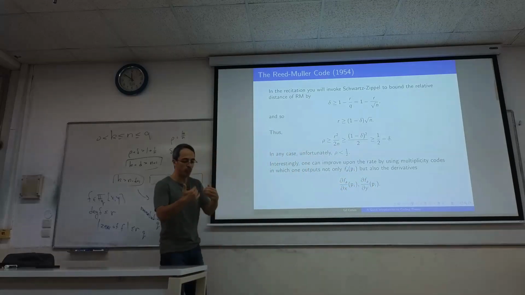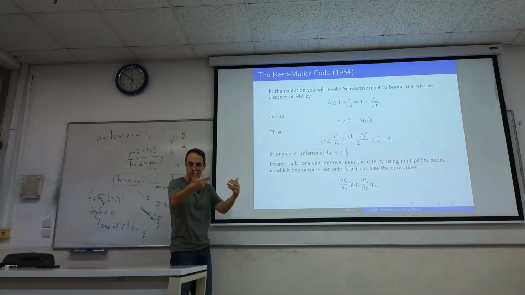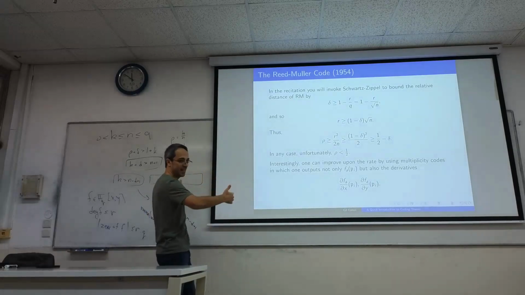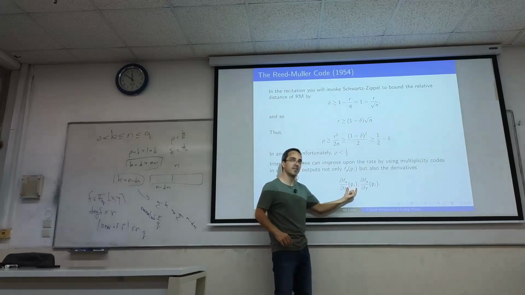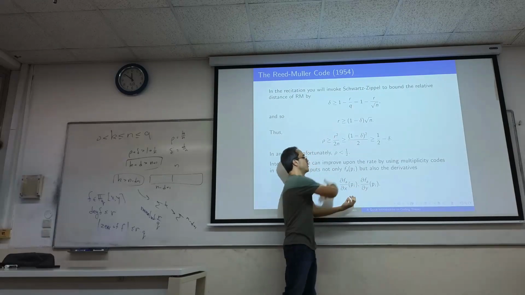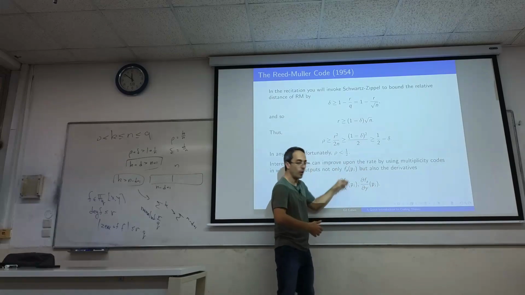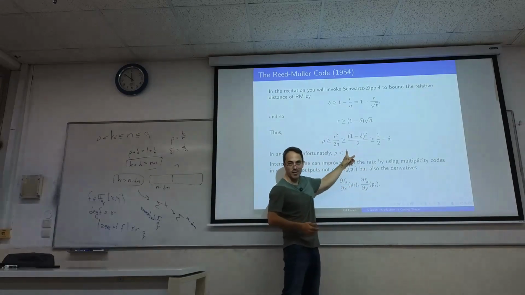You output more things, so it looks bad in terms of rate. You talk more, so n increases, k stays fixed. So it seems bad, but it turns out that when you plug this into the Schwartz-Zippel lemma and use the right version, with more information about the function, you actually gain, and this 1/2 goes to 2/3.